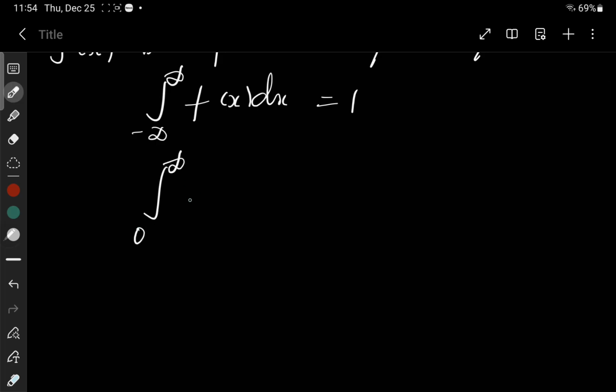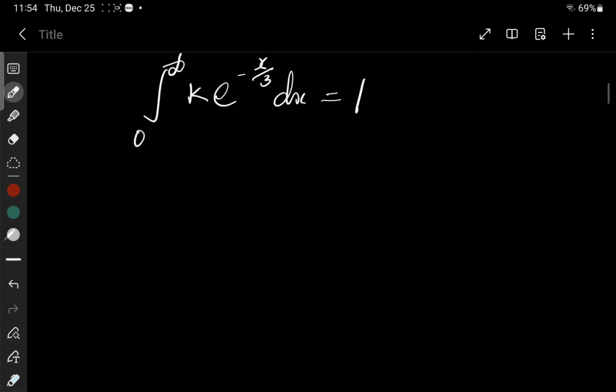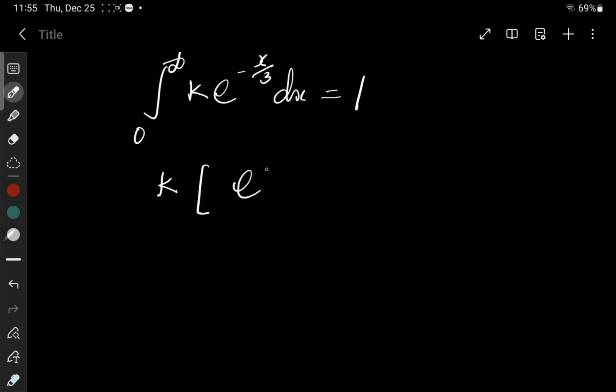F of x is given, so the integral from 0 to infinity of k into e power minus x by 3 dx is equal to 1. Here k is constant. Integrate e power minus x by 3, and the coefficient of x here is minus 1 by 3.